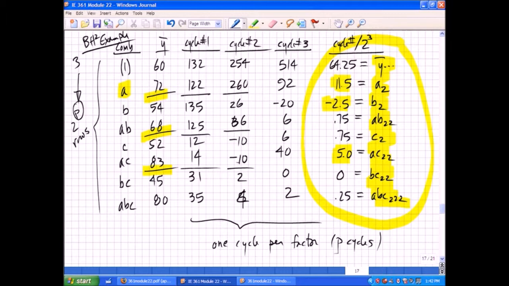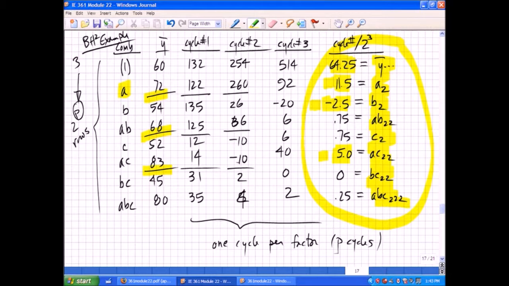Only the ones that I put in yellow, that is this guy, this guy, this guy, and of course the overall mean, but only those effects, the A main effect, the B main effect, and the AC two-factor interaction, are bigger than the background noise. That is, the plus or minus 1.63 sort of establishes a level of background noise, and there's only those few effects that are clearly more than experimental variation.